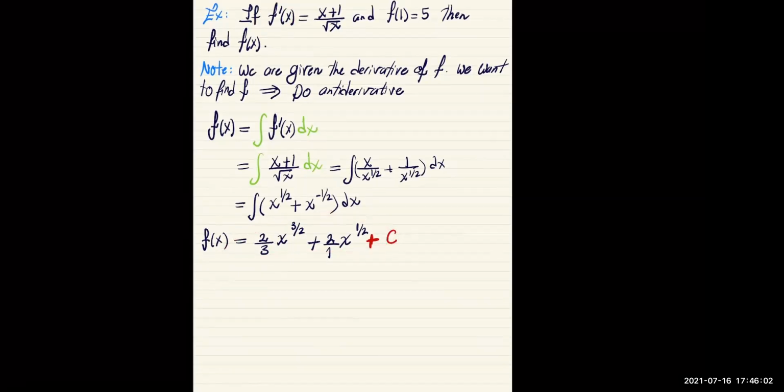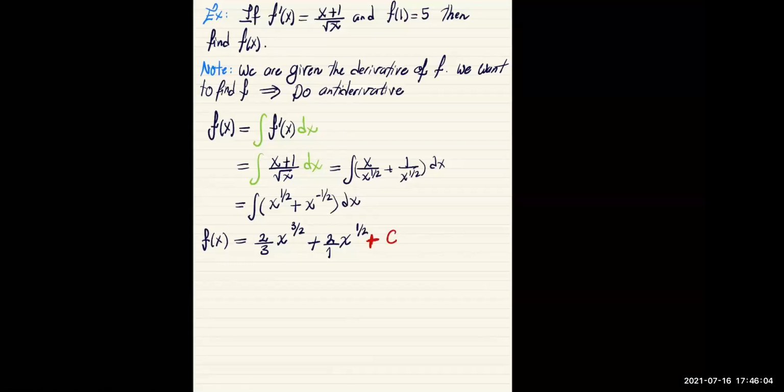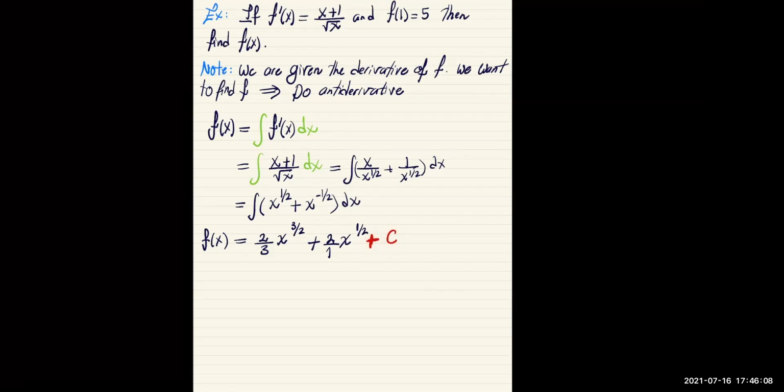This is called a family of solutions. With this C, we have a set of solutions, meaning that I can set C equal to 1, C could be 2, C could be 3. So you get a group of solutions with different C's.